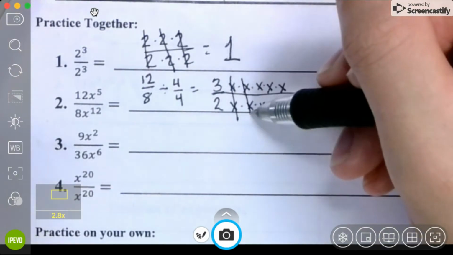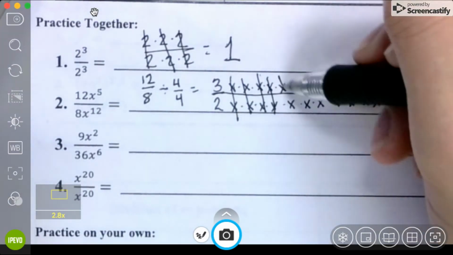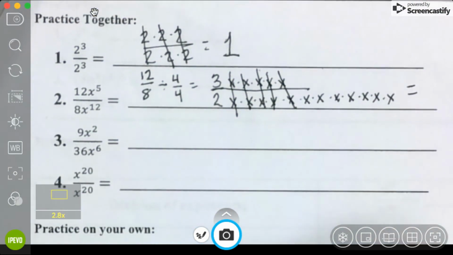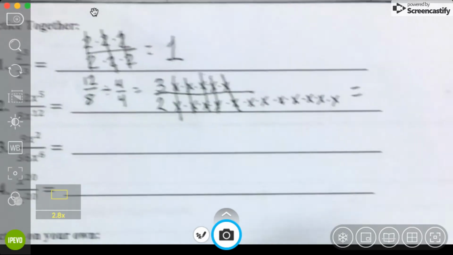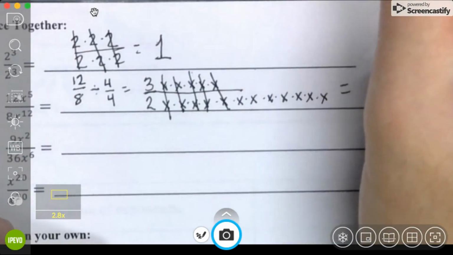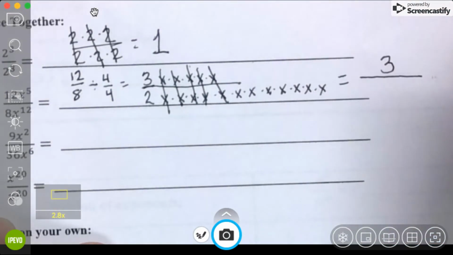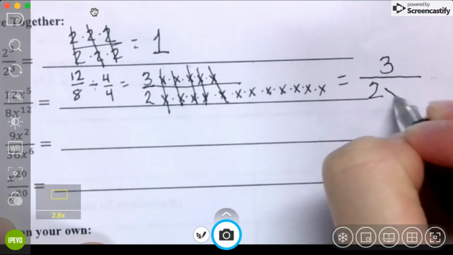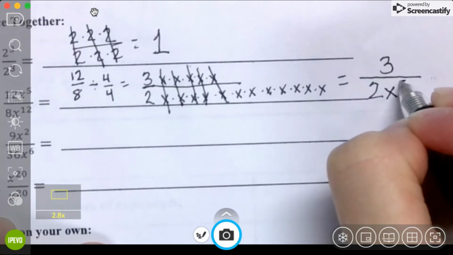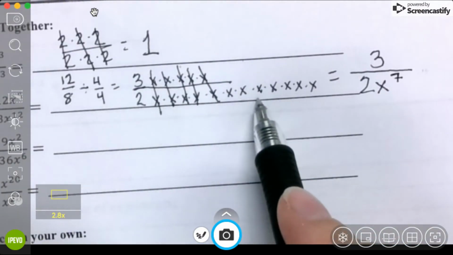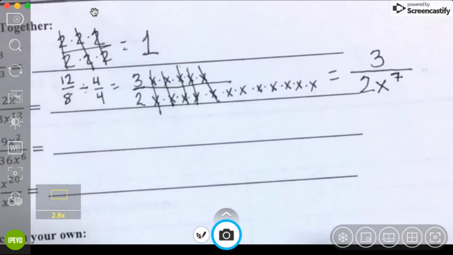Well, 1, 2, 3, 4, 5. Where are my x's left at? They're on the bottom this time. So I keep my 3 on top, I write my 2 on bottom, and then I write x to the 7th on the bottom because there are 1, 2, 3, 4, 5, 6, 7 x's left over.